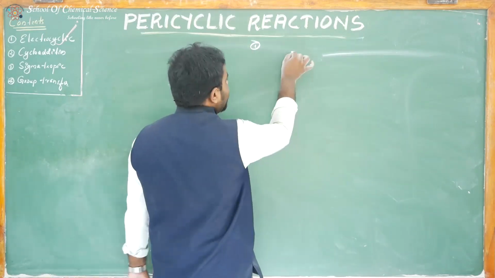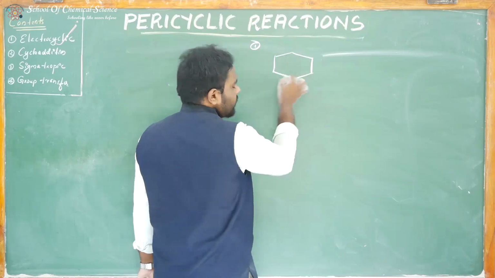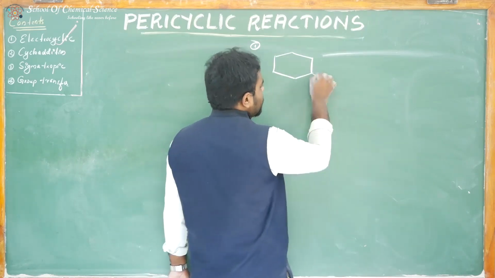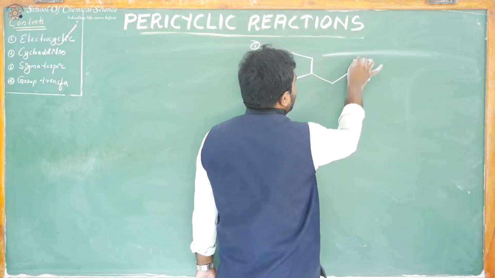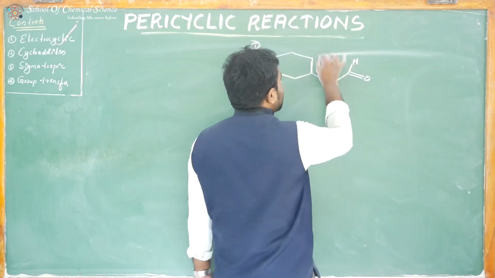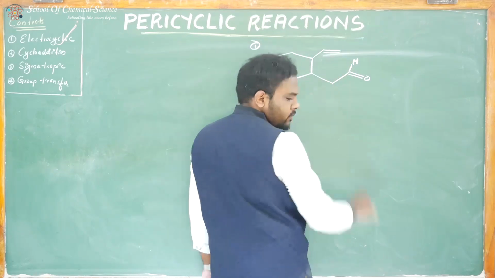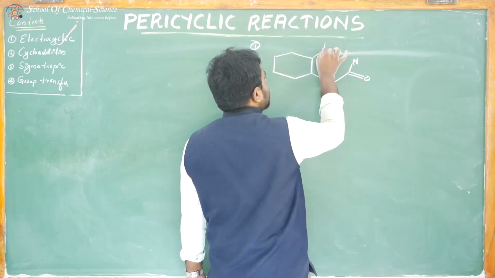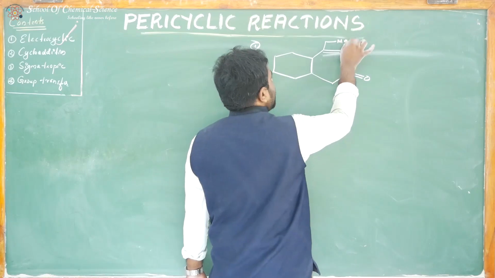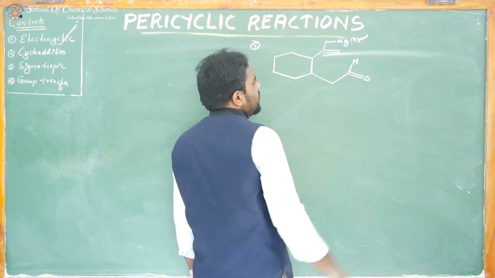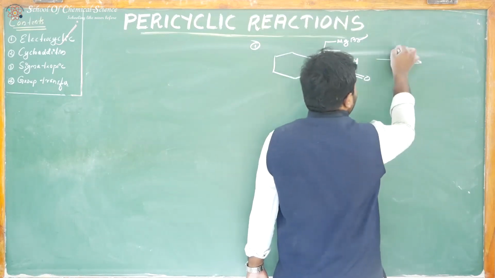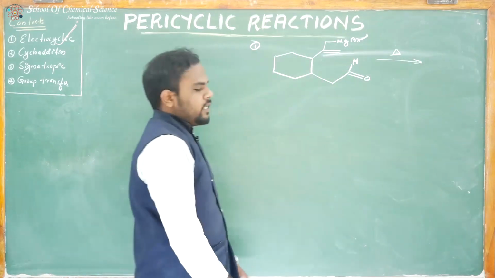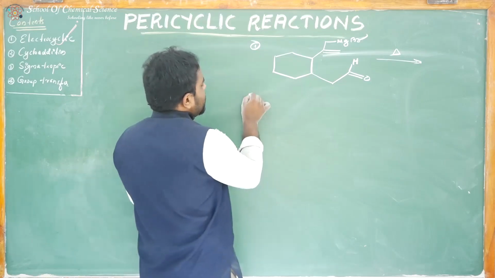A six-membered ring, C double bond O, double bond, MgBr. 1, 2, 3 allylic carbon containing an MgBr. It's an intramolecular reaction. Second question.